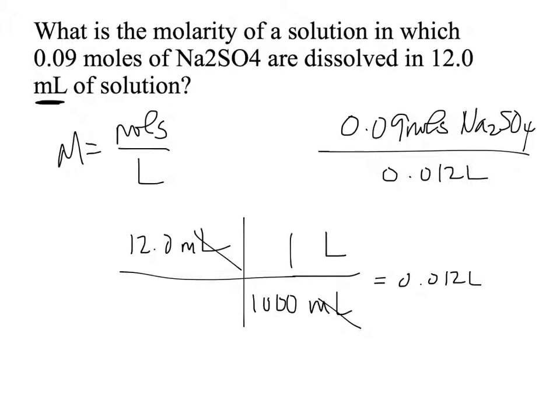I now have moles over liters. If I do this and divide, I get 7.5. And then I have to round that up to 8 because of sig figs. There's only one sig fig in 0.9. So this would be an 8 molar sodium sulfate solution.